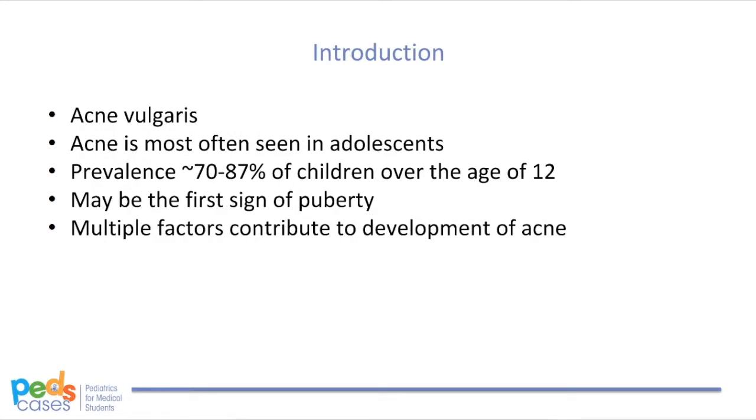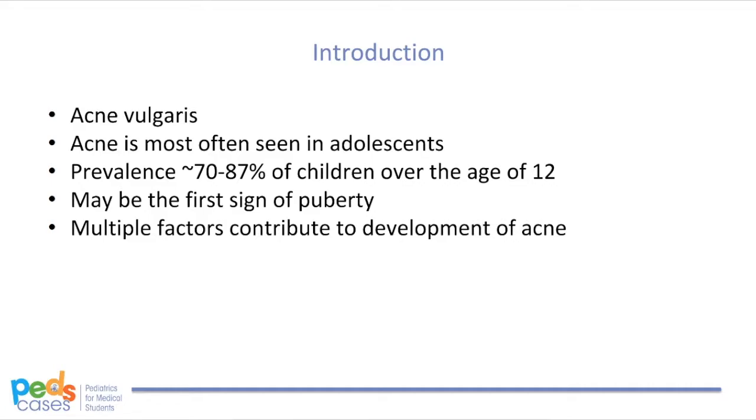Let's start by reviewing some basic information about acne in pediatric patients. Acne vulgaris, or common acne, is most often seen in the adolescent population. Its prevalence is estimated to be between 70 to 87% in children 12 years of age or older, and affects 40 to 50 million individuals each year in the United States.